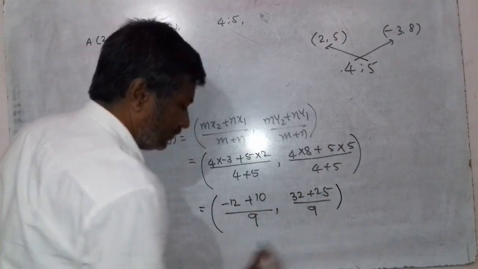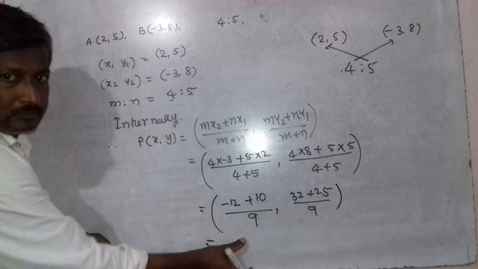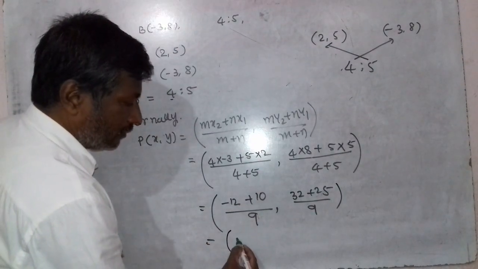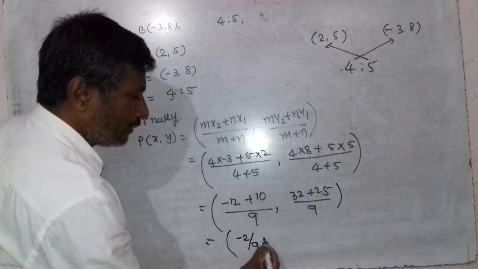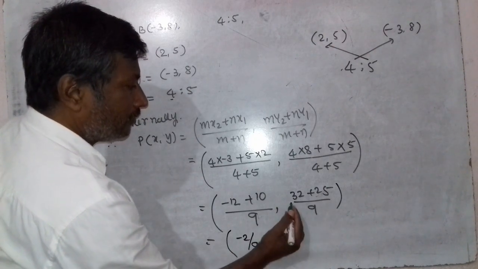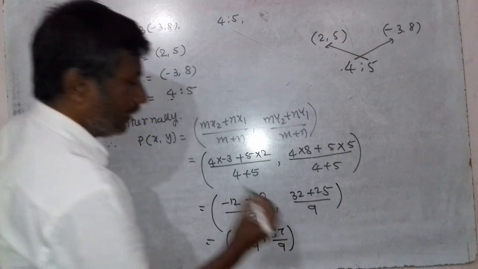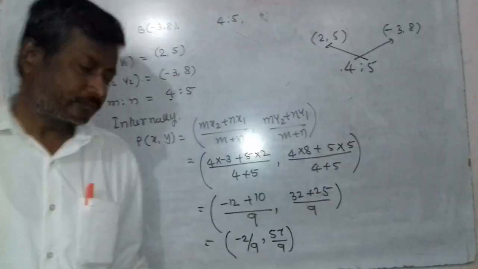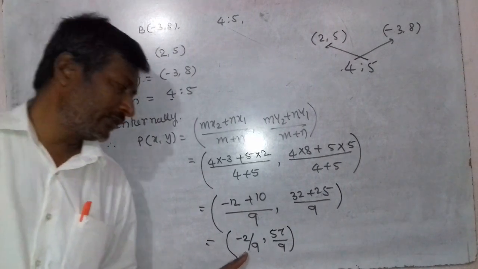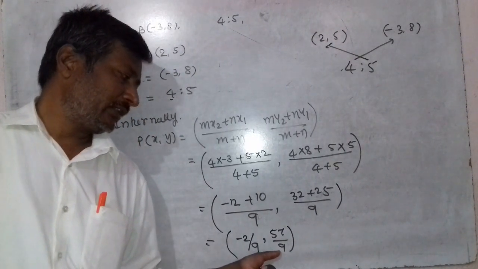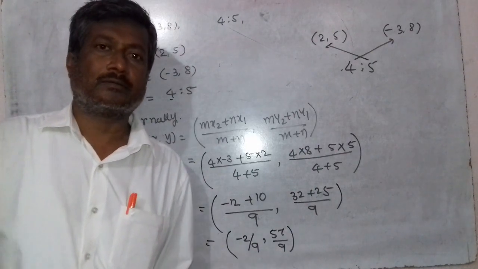So this equal to minus 12 plus 10, minus 2 by 9, comma 57 by 9. This is the x coordinate, the abscissa, and this one is the y coordinate, the ordinate.